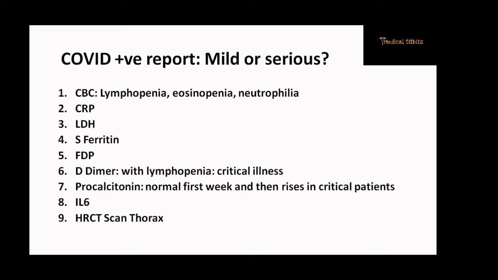Among these tests is CBC. If lymphopenia, eosinopenia, or neutrophilia is there, that patient may have more severe disease. High CRP, LDH, serum ferritin, and FDP are important markers of ongoing inflammation and cytokine release syndrome.